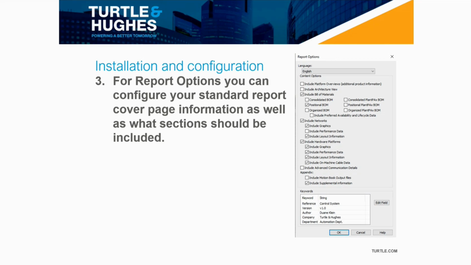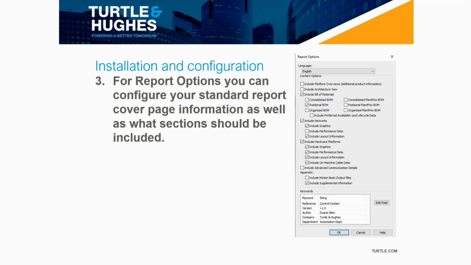Something as simple as how you want your bill of material displayed: as a consolidated bill of material where everything's packed together, or something positional, or organized. In this case, I've said let's make it a positional type of bill of material. For the networks, do I want to include the graphics or not? Do I want to include the layout information or not? These are all things you can select.